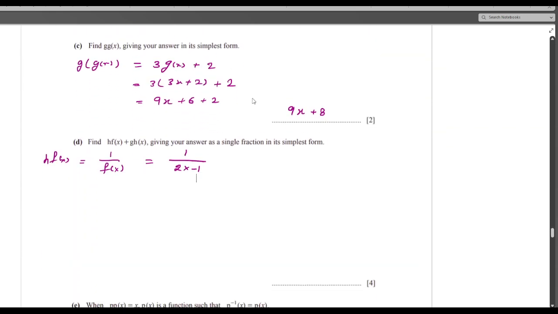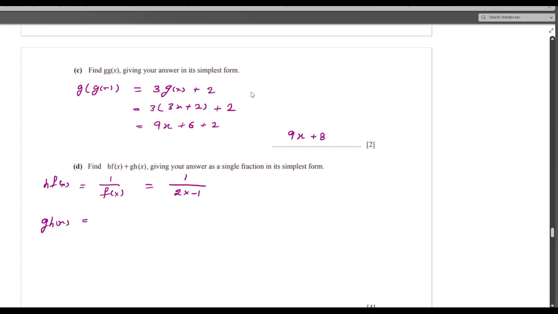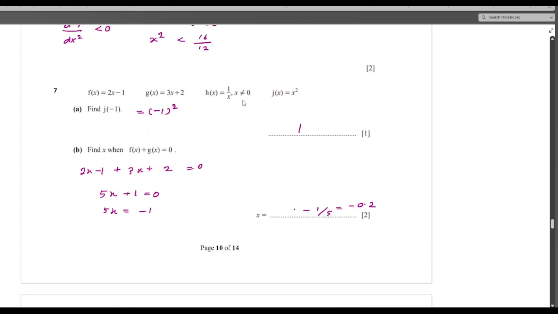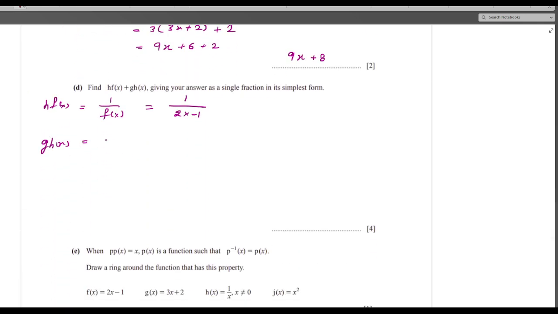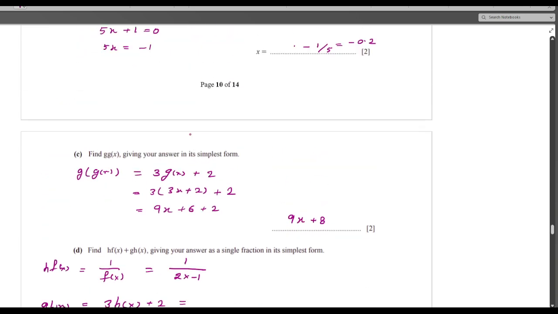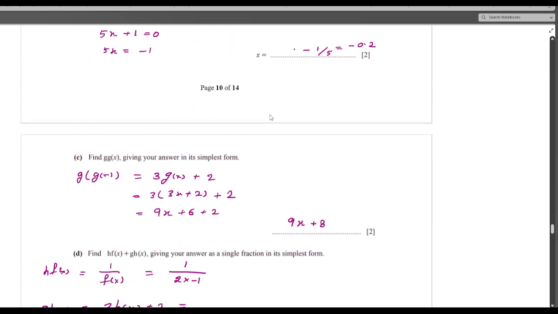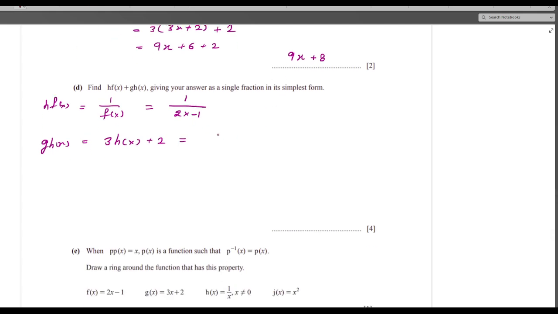Okay, then ghx. Now ghx, what is your g function? It is 3x plus 2. So it is 3hx plus 2. Your hx is 1 upon x. So it is 3, in place of hx we write 1 upon x plus 2.